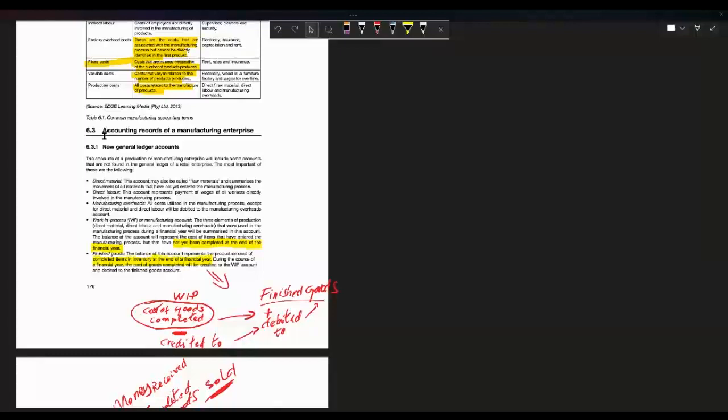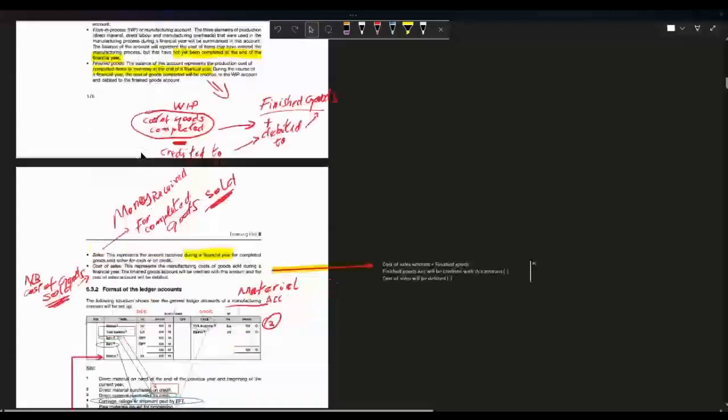It is the same principle here. You do have your direct material, your direct labor, as well as your manufacturing overhead coming together as inputs for the work in process, which is your actual manufacturing or production part. And obviously what will come out of that is your finished goods.